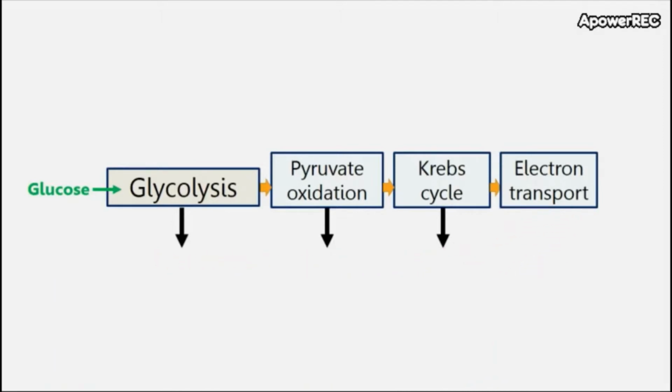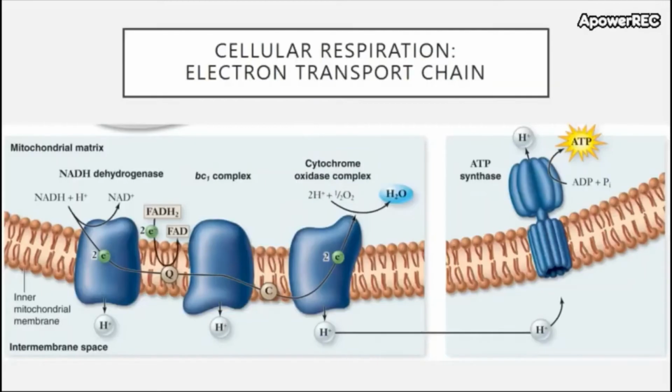And all of those electrons are consumed in the electron transport chain. Here is a diagram or a figure of the electron transport chain.